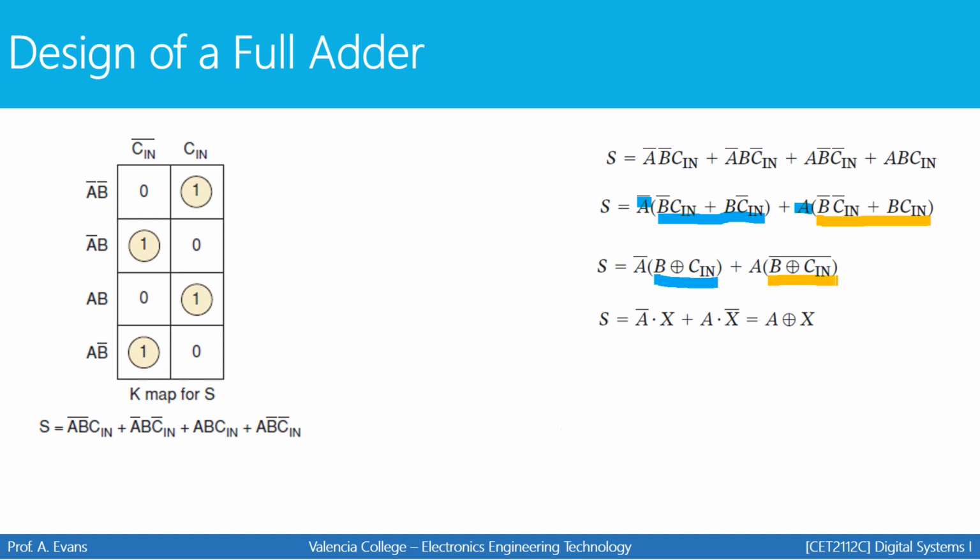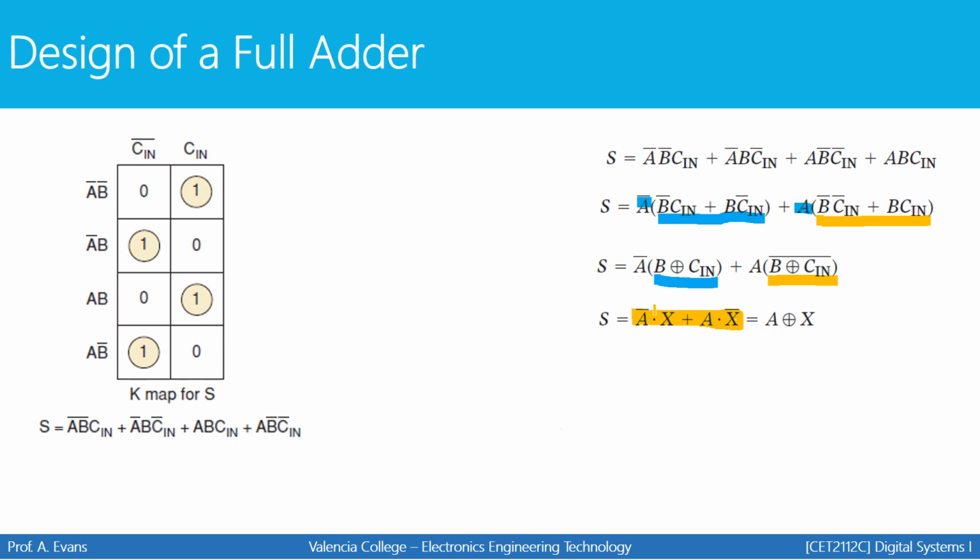Next, we're going to let this piece be called X, which means this piece would be not X. So if I can substitute all of this, the B exclusive OR C in, with an X, then the B exclusive NOR C in would be the inverse of that, not X. And what we have here is another expression for exclusive OR.